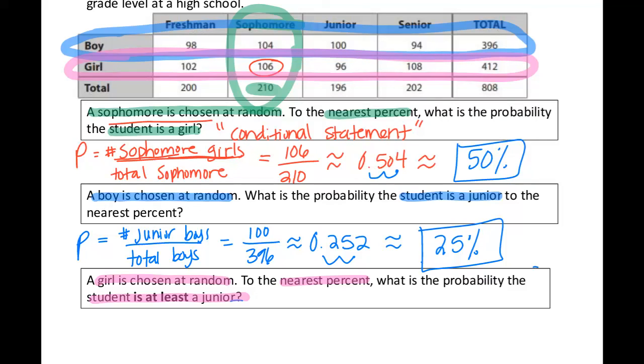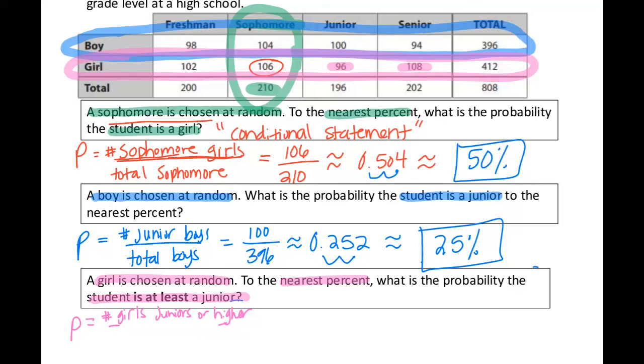And to be at least a junior would be the juniors or seniors. So 96 plus the 108, okay? So this is going to be the probability of the number of girls that are juniors or higher.